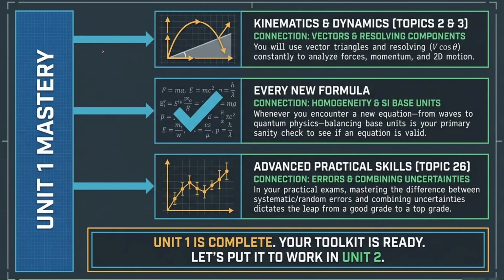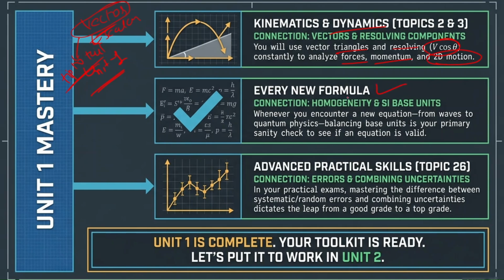So what is the significance of this Unit 1? Okay, so the first one is kinematics and dynamics. We will see the units of kinematics and dynamics. In that, we deal with vector quantities and scalars. As vectors, we just add by the tip to tail method. And we will use triangles, resolving of vectors, forces, momentum, and we discuss 2D motions.